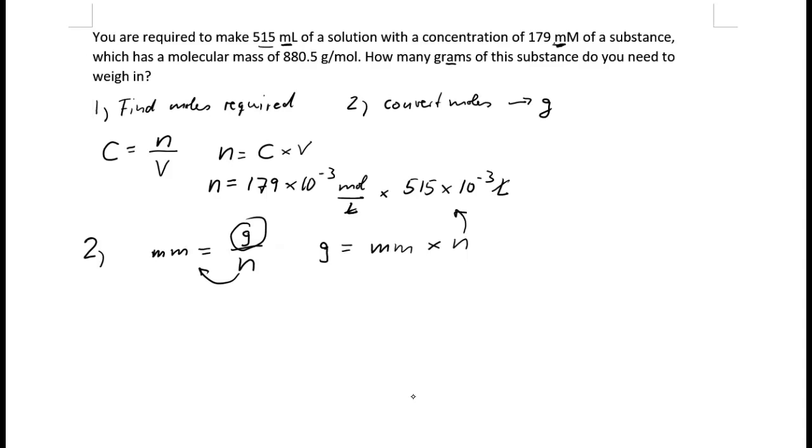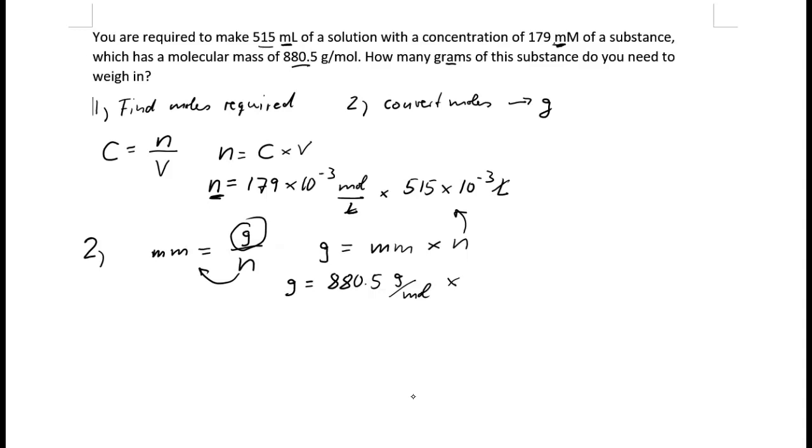So all we need to do is put in the numbers, and we get for our amount in grams that we have to use, we need the molecular mass, that is 880.5 gram per mole, times our number of moles that we just calculated here.